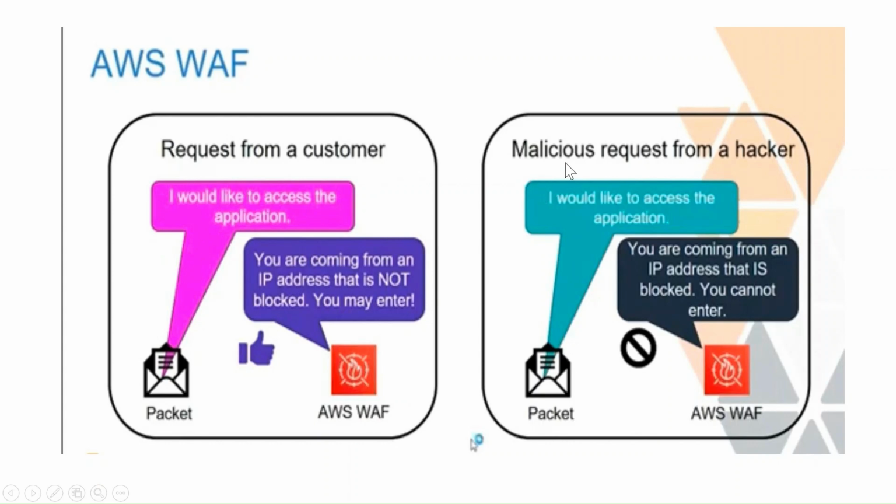When a malicious request comes from the hacker, saying I would like to access the application, firstly the AWS WAF will check. You are coming from an IP address that is blocked, so you cannot enter. This request is coming from the blocked IP range, so that's why it is blocking this request. This is how the WAF works.